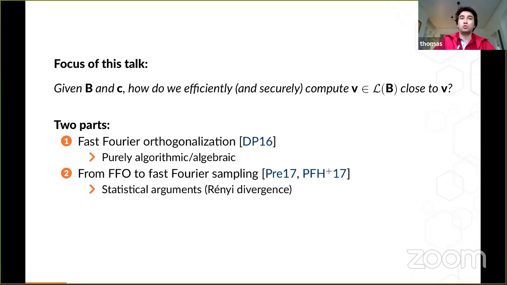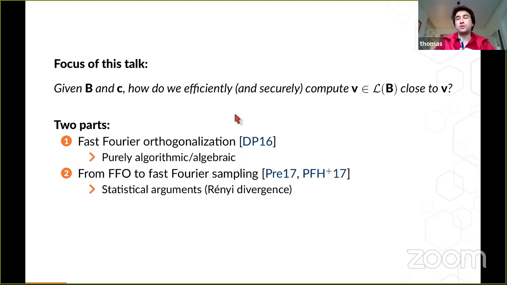Section two is an amalgamation of joint work and also work that I did alone. It will use statistical arguments and more precisely the Rényi divergence.